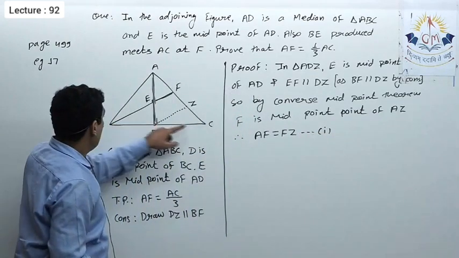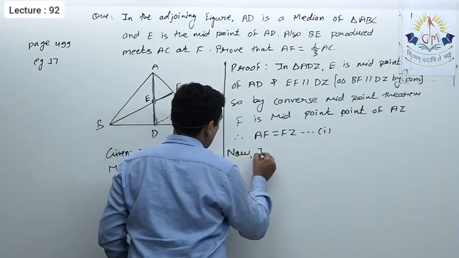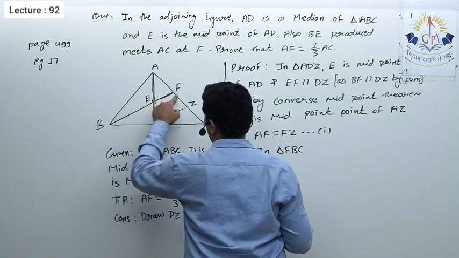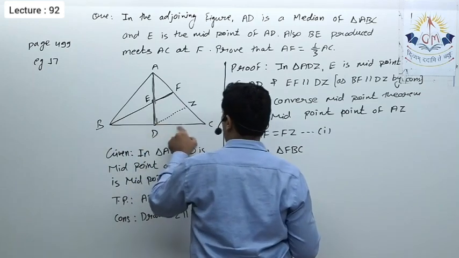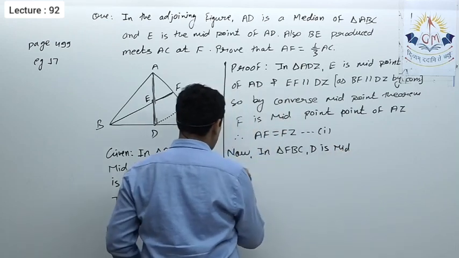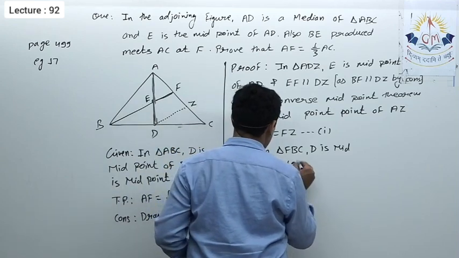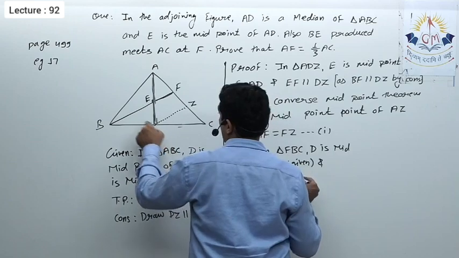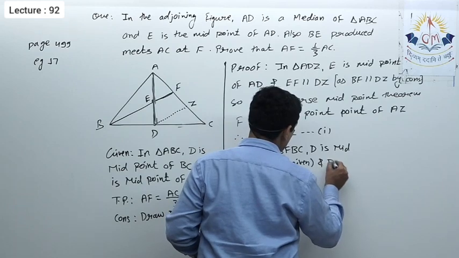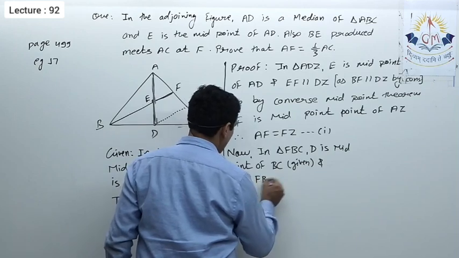Now in triangle FBC, D is the midpoint of BC, given, and DZ is parallel to FB by construction.